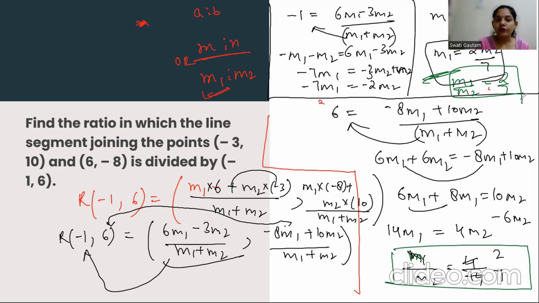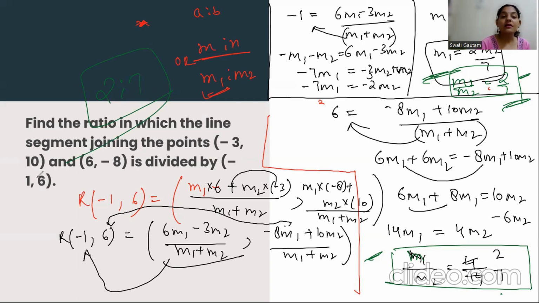So you don't have to put both the values, x equal to x or y equal to y, to show you that you are getting the correct answer. If you are getting the correct answer, both ratios will come the same. So the ratio is 2:7. Okay. So I think it's clear to you.